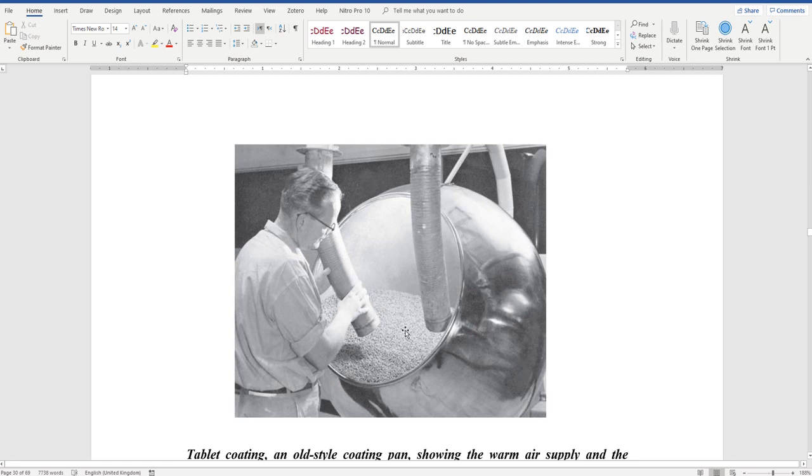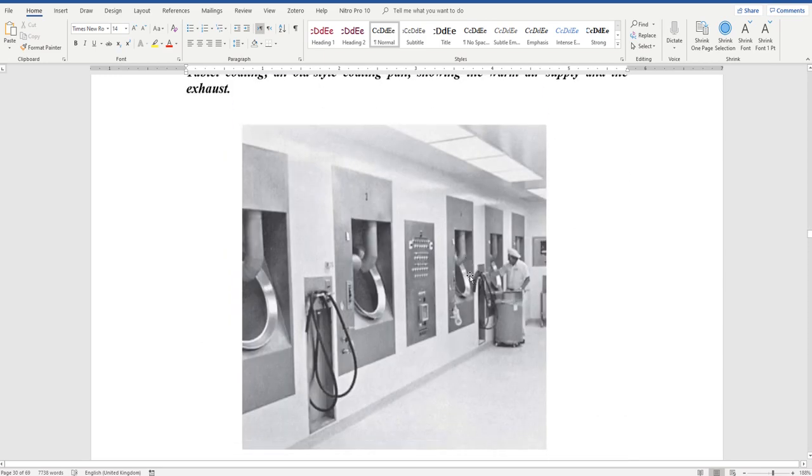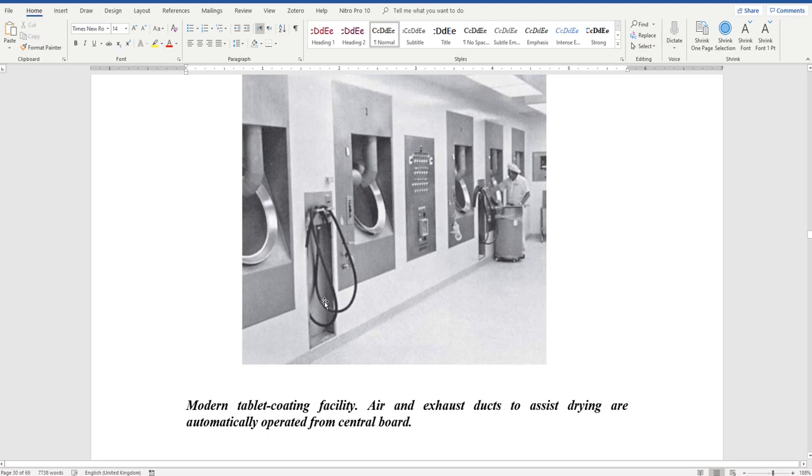You will see that it has an opening here, and that there are tablets inside. This is a rotating pan, and there is an inlet for hot air and an exhaust. Modern coating pans will look like this, although even more recent equipment will have the process in a closed way.